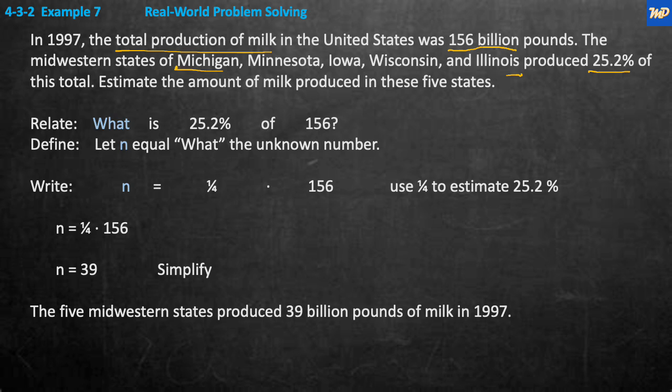So a percentage of the total number, and that percentage is 25.2% of the total, is N, that number that's going to be produced by Michigan, Iowa, Wisconsin, Minnesota, and Illinois. And we're going to say 1/4 is the estimate because 25.2 is very close to 25%, which is 1/4. So that's going to be very close.